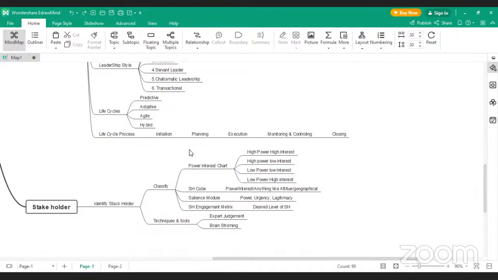Once it is done, we have the stakeholder engagement matrix, where we determine the current engagement and desired engagement. And once it is done, we have the stakeholder engagement plan, where the strategies convert the current engagement to the desired engagement. So that's all about stakeholder, and Salah is going to take it forward.